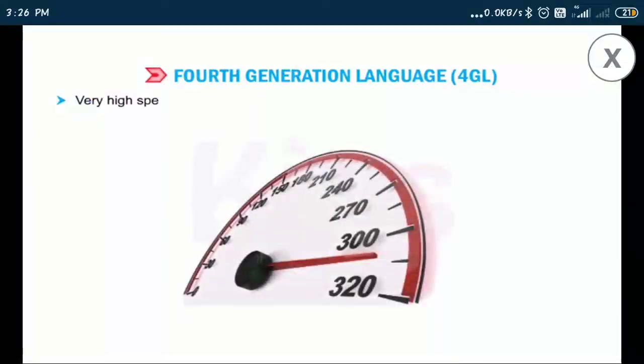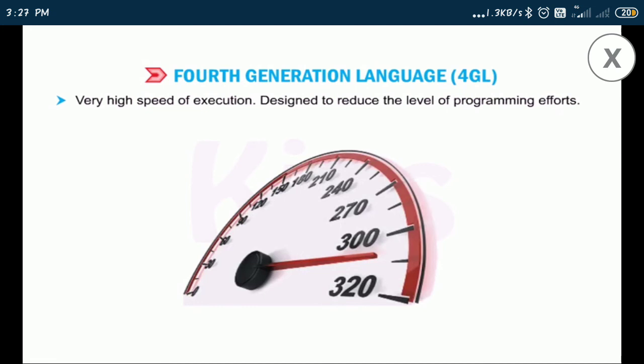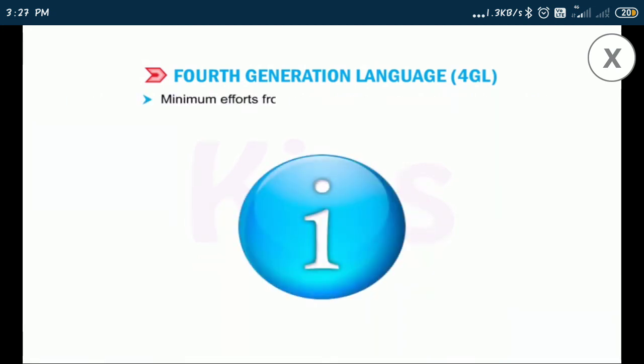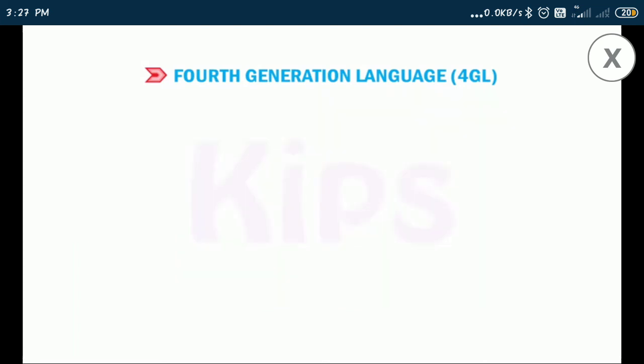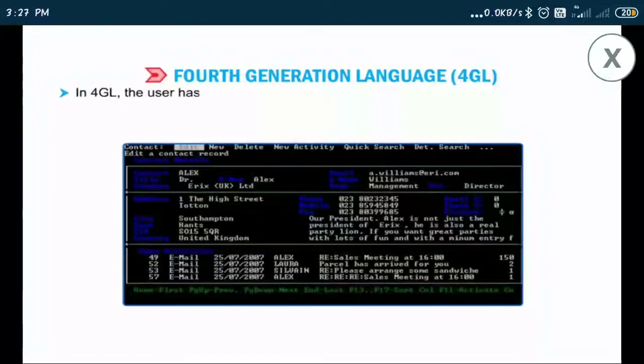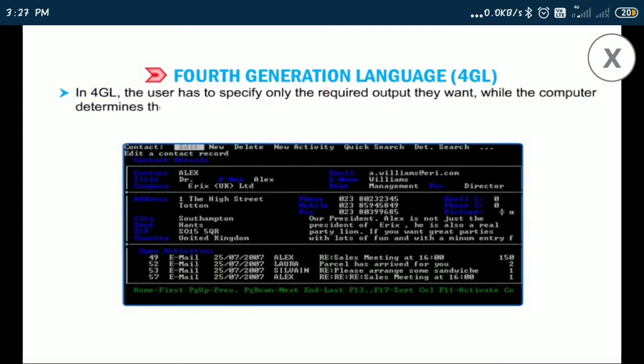Very high speed of execution, designed to reduce level of programming efforts. Minimum efforts from the user to obtain any information. Designed to reduce the overall time it takes to develop software and the cost of software development. In 4GL, the user has to specify only the required output they want, while the computer determines the sequence of instructions that will accomplish those results.